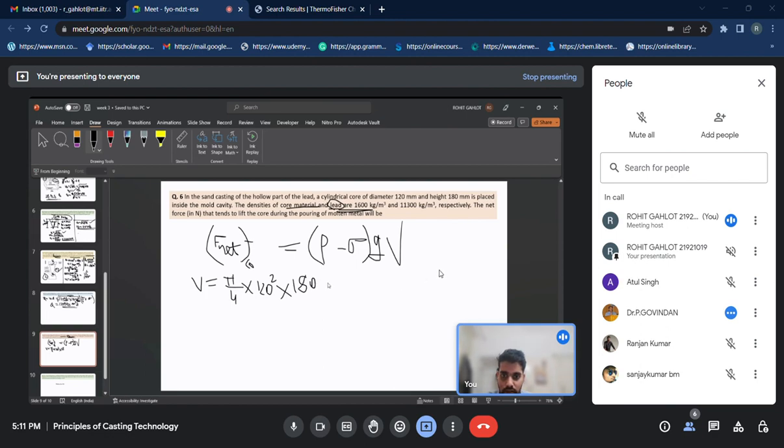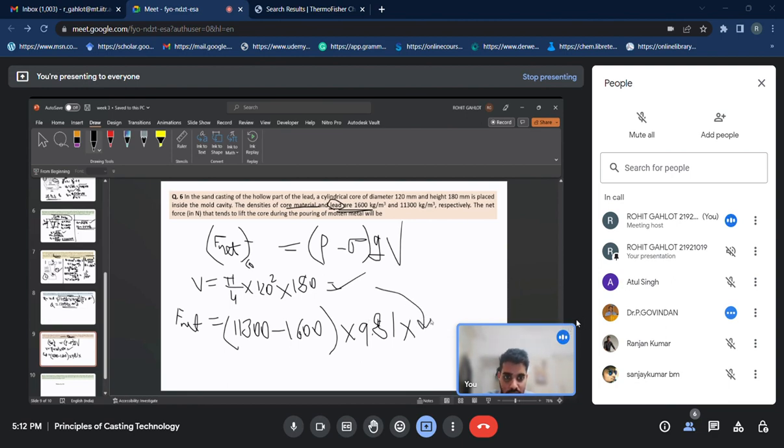Calculating the volume as pi by 4 times the diameter squared, with diameter 120 mm, and the height 180 mm, you calculate the volume by this, and then directly write this F net as 11300 minus 1600 times the volume.